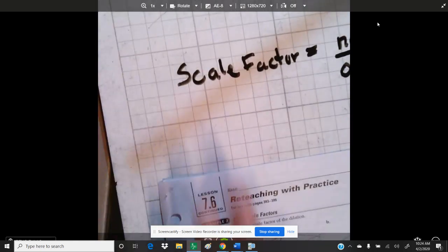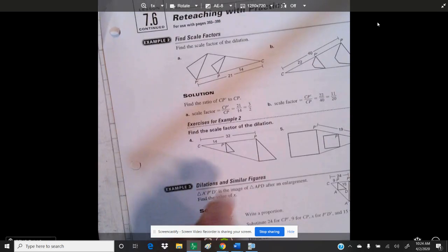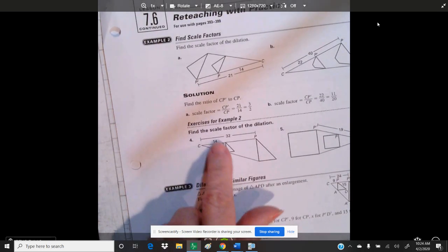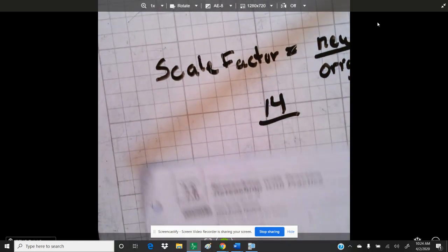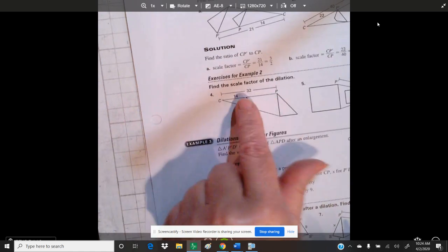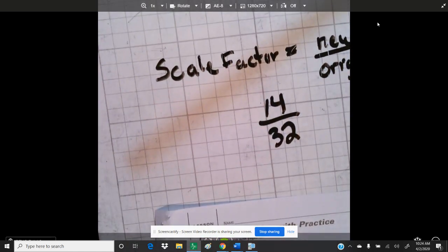So if you're trying to find your scale factor new to original, you have to say in this picture, well, the new one is this here, it's the little one. So that would be 14. So you're going to put 14. And the original is the big one, so that's 32. So 14 over 32. But don't forget that you want to reduce this fraction.